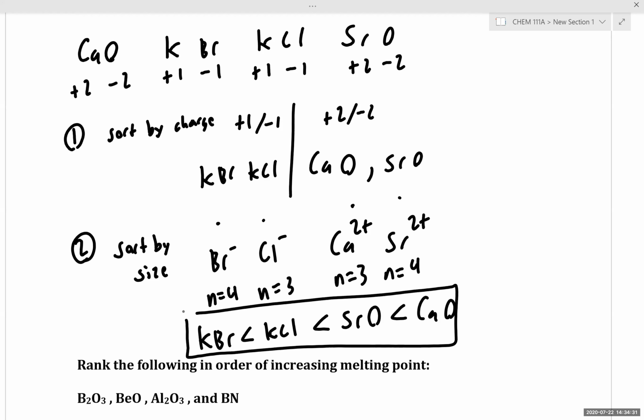So calcium is n equals 3, strontium is n equals 4. Calcium has the smaller ion, stronger, closer proximity attractive interactions, larger lattice enthalpy, and in turn, a larger melting point. Does that make sense?